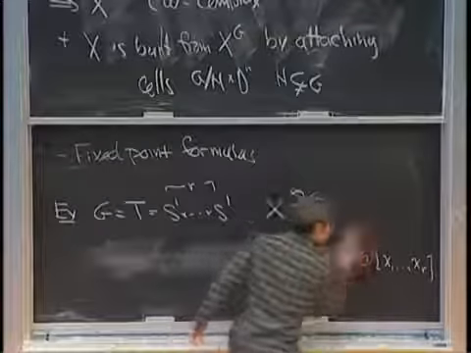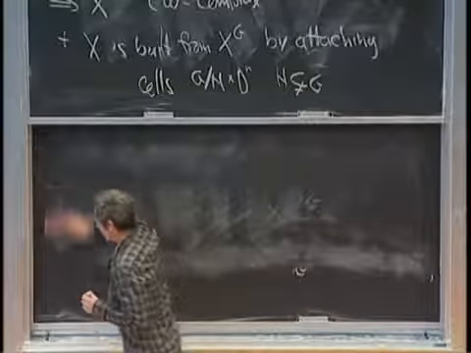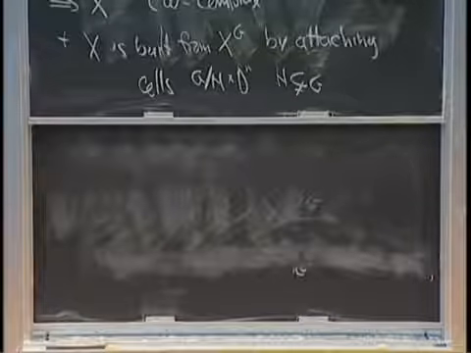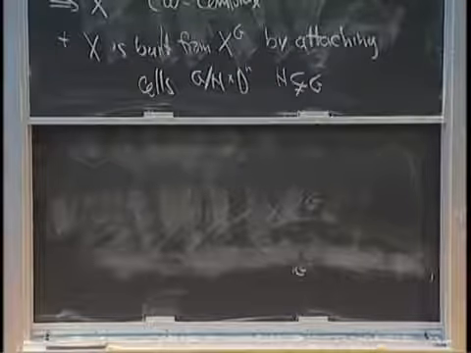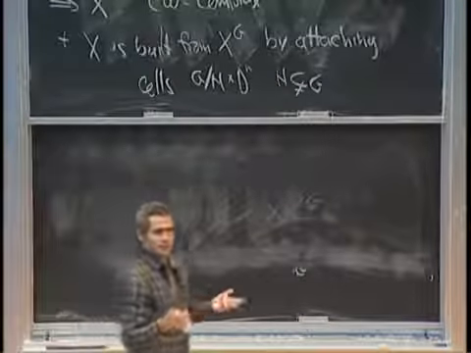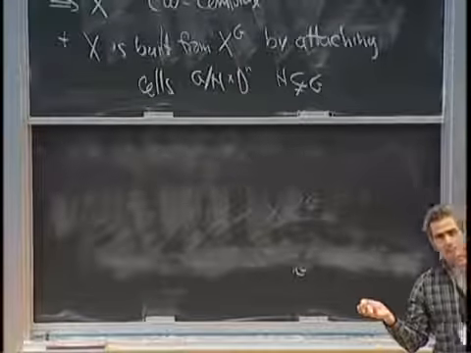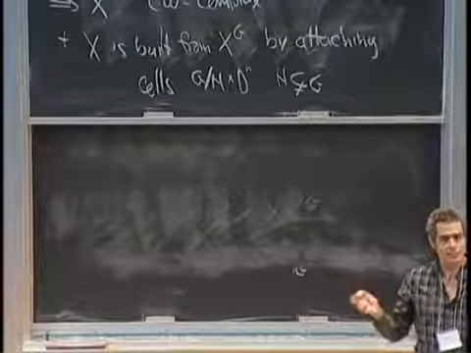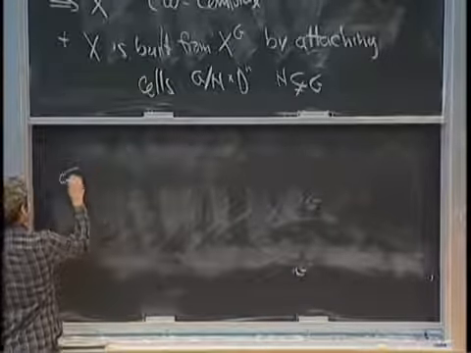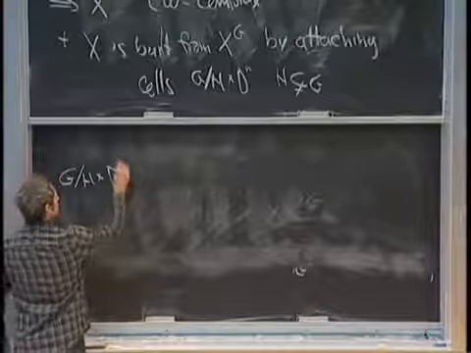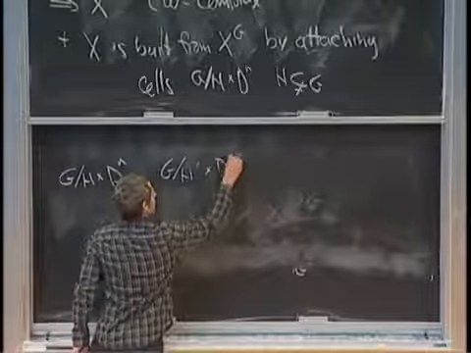Now, here's one thing I learned by looking in Tom Dieck's book on transformation groups. In ordinary algebraic topology, the product of two CW complexes is a CW complex, and the product of a k-cell and an n-cell is a (k plus n)-cell. But what happens here if I take G mod H cross a disk cross G mod H prime cross another disk?